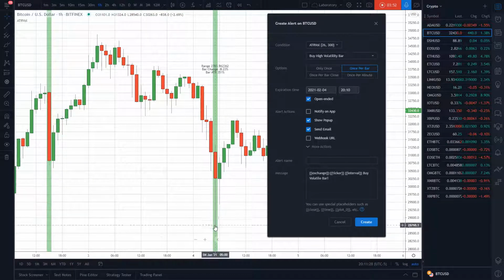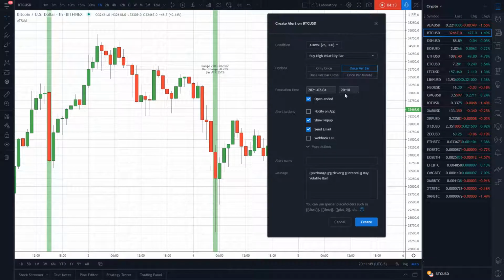And we want to try to get it somewhere while this bar is live. And when it hits the threshold of 300%, which probably would have happened somewhere around in here, that would have given us an alert right when this was live. We want to leave this open-ended if we can, if we have a premium account.